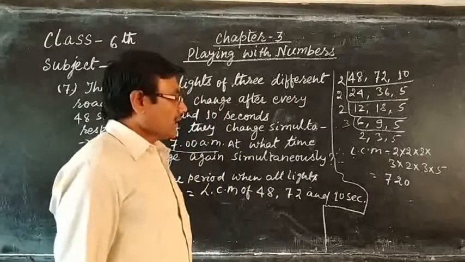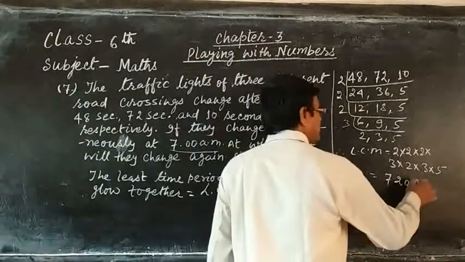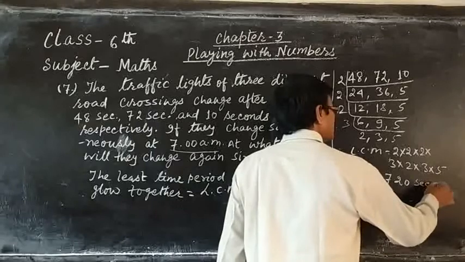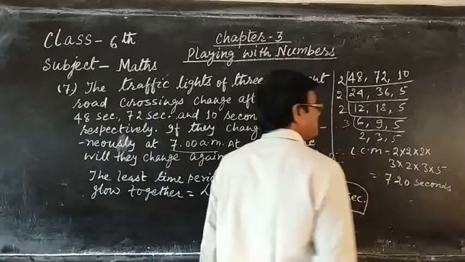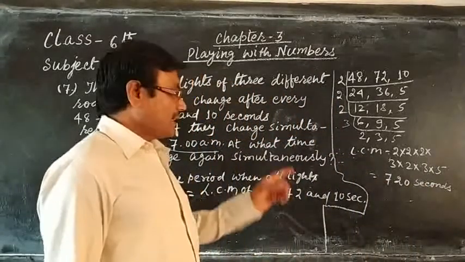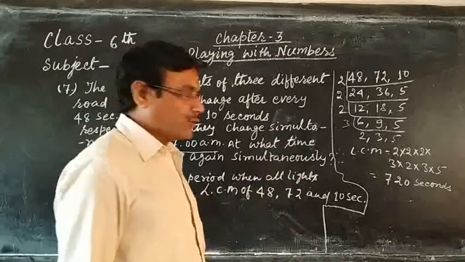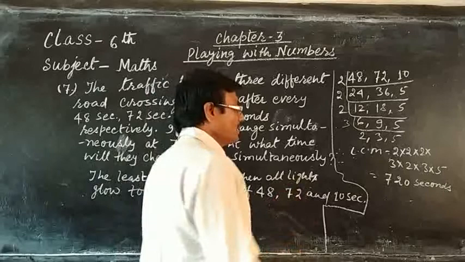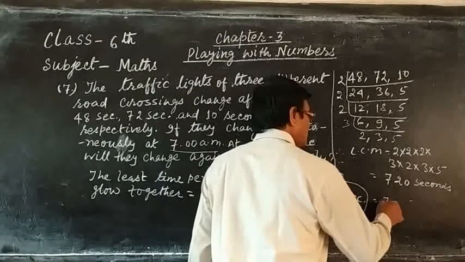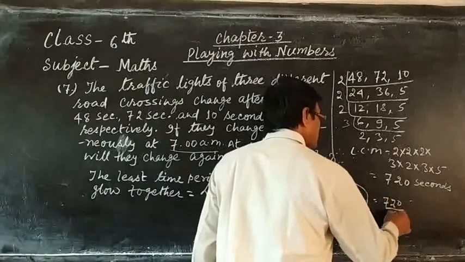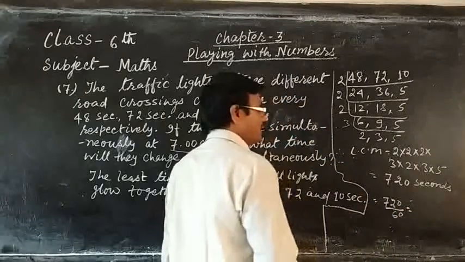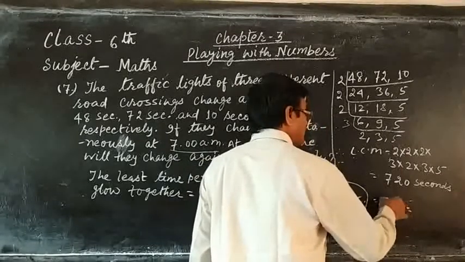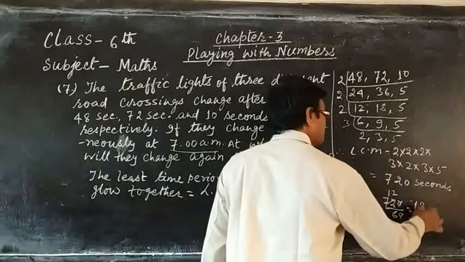Okay, children. Now the 720 seconds will be changed into minutes. You know that 60 seconds is equal to 1 minute. Therefore, we divide it by 60 to convert to minutes, so cut it here: 12 minutes.